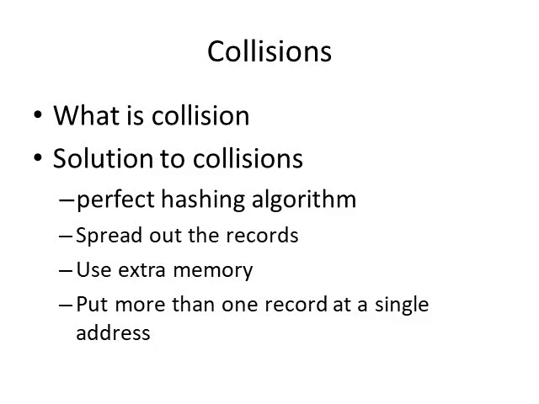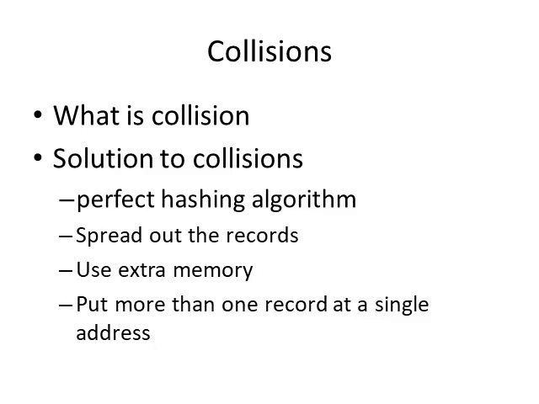So instead of that, we have the next option, we call it spread out the records. Your hashing algorithm should be such that it spreads out your records more randomly, so that there are fewer collisions in your algorithm.